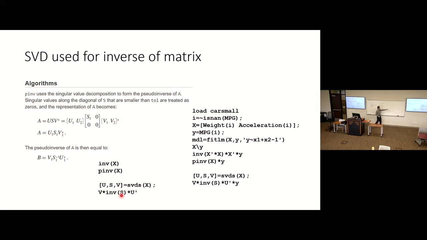So to do the inversion of this is very easy, just 1 over the numbers, because S only has values in the diagonal positions, and the U and V are already computed from this SVD. So this makes the inversion computing very efficient. You only do SVD and then you invert the diagonal matrix.